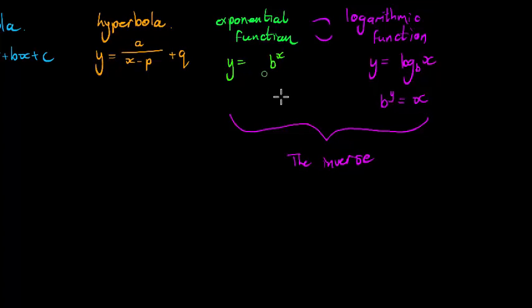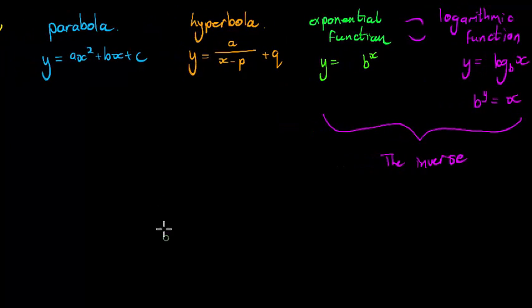Okay, and as a result we also work with the inverse of the parabola. The inverse of the parabola is called the root function. A root function. And the root function looks like this. Y is equal to the square root of ax.